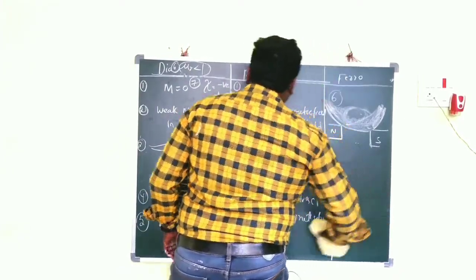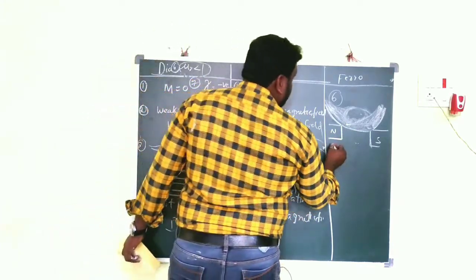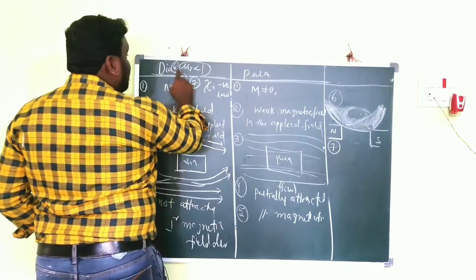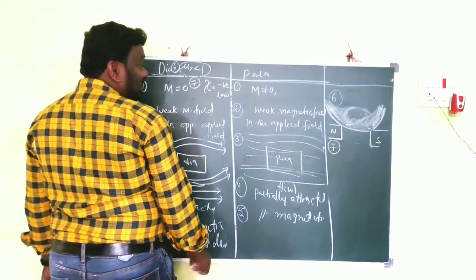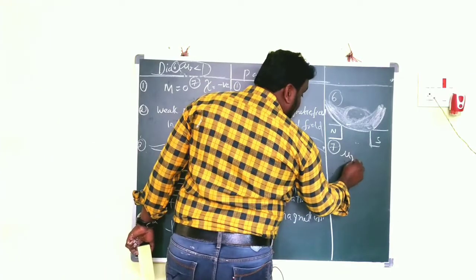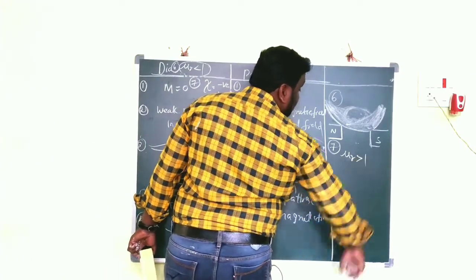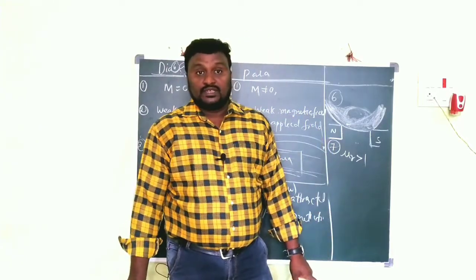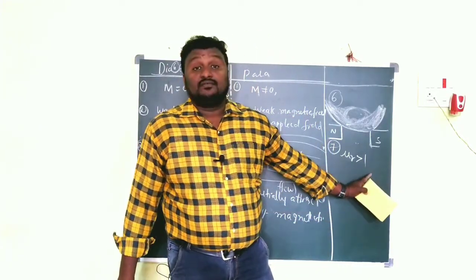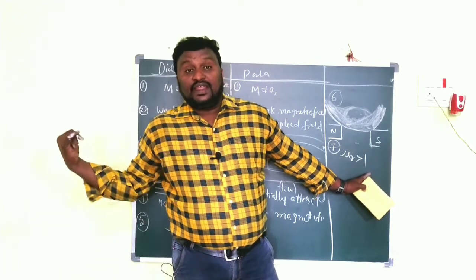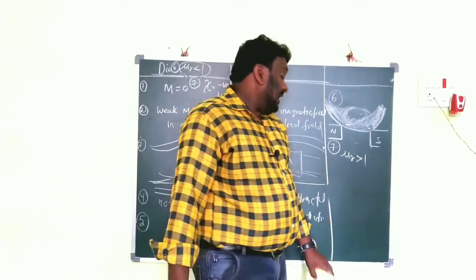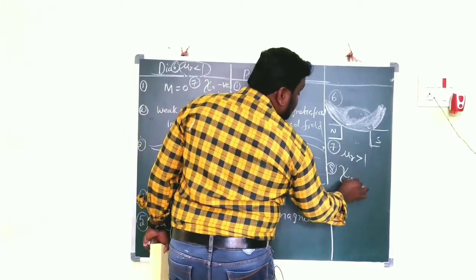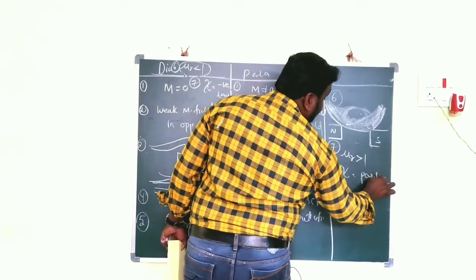And next, children, in this case, mu r is less than 1, but here relative permeability is more than 1. Clear? Mu r is greater than 1 here, there mu r is less than 1. And children, in case of paramagnetic substances, susceptibility is positive and low.